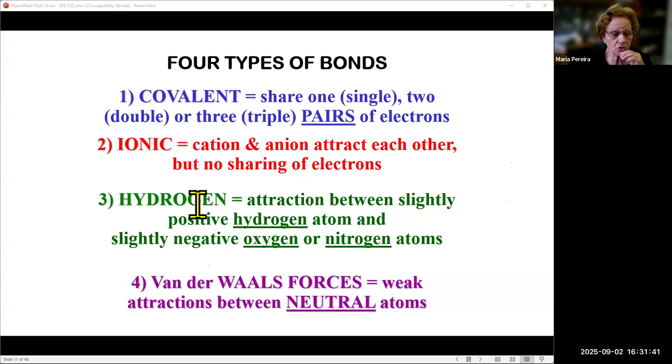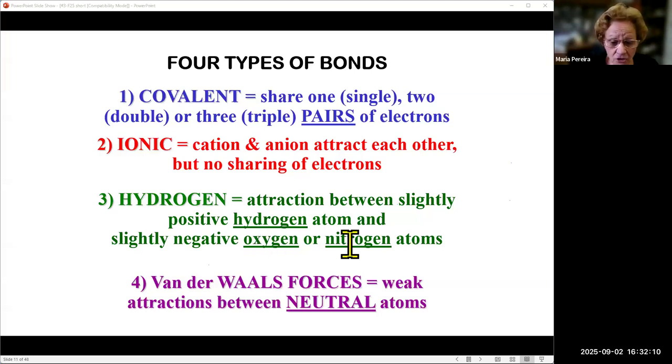So hydrogen bonds are a type of ionic bond that always involves hydrogen. Hydrogen is positively charged, so it's attracted to a negative ion.